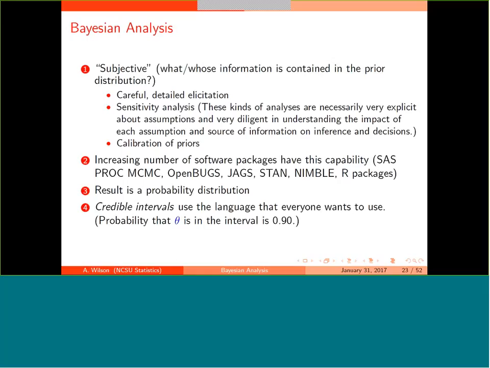When Bayesian analyses are done in high consequence decision making, there is a very careful, detailed process of what's called elicitation, or the gathering of that information, the understanding of what's relevant, and that is very carefully modeled. So that's something that I want to mention.